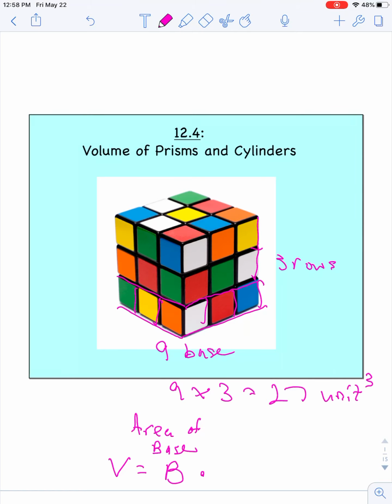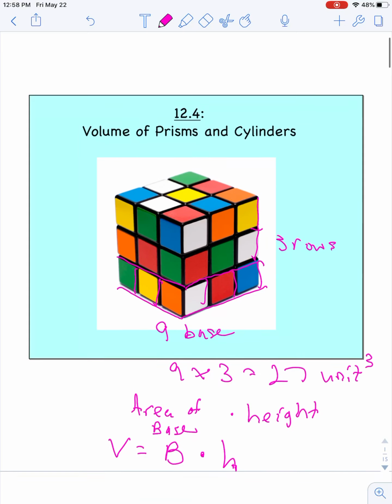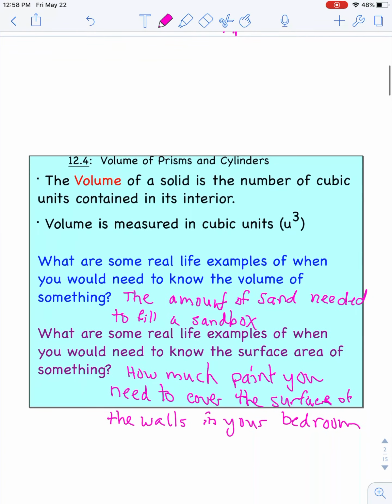And then we're going to multiply that always by the number of rows, which is the height. So we have area of the base times the height, and that's how simple it is. Now, it doesn't matter what shape your base is. You just have to use a different formula for the area of that shaped base. So, volume of a solid is the number of cubic units contained in its interior. Volume is measured in units cubed.